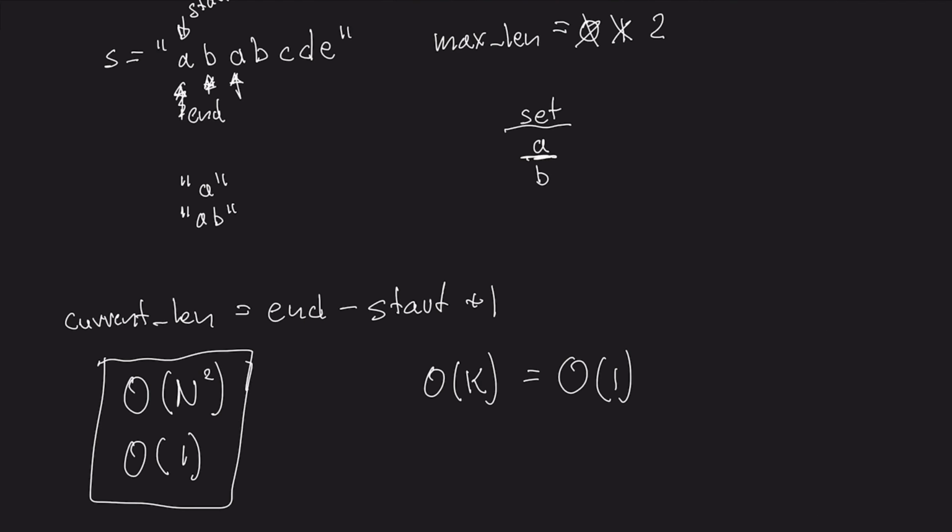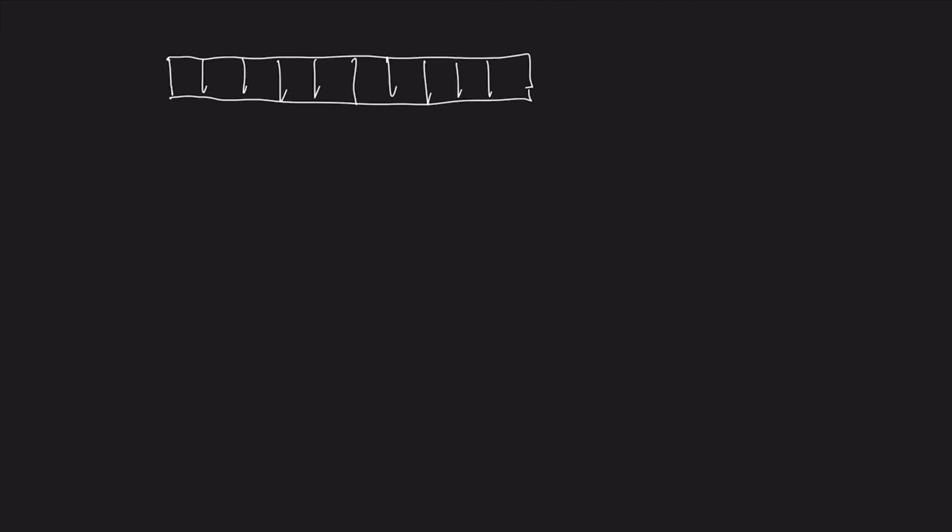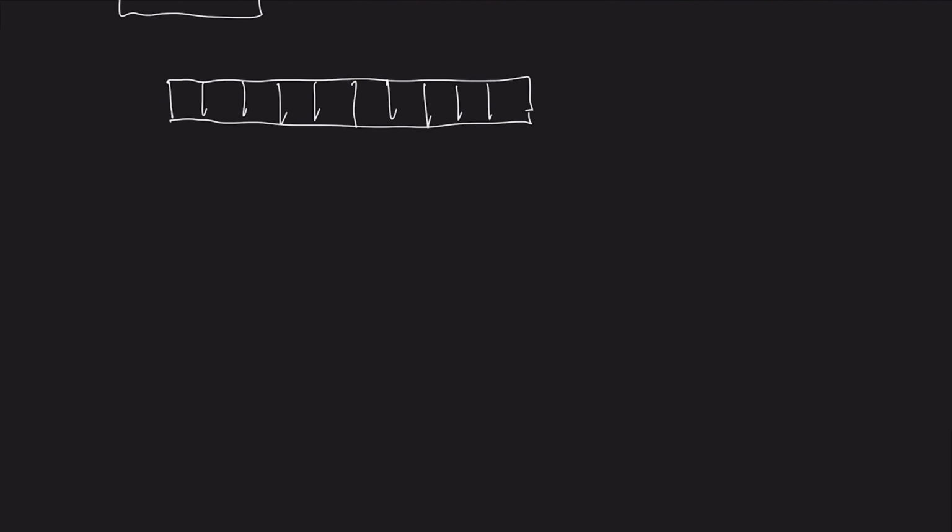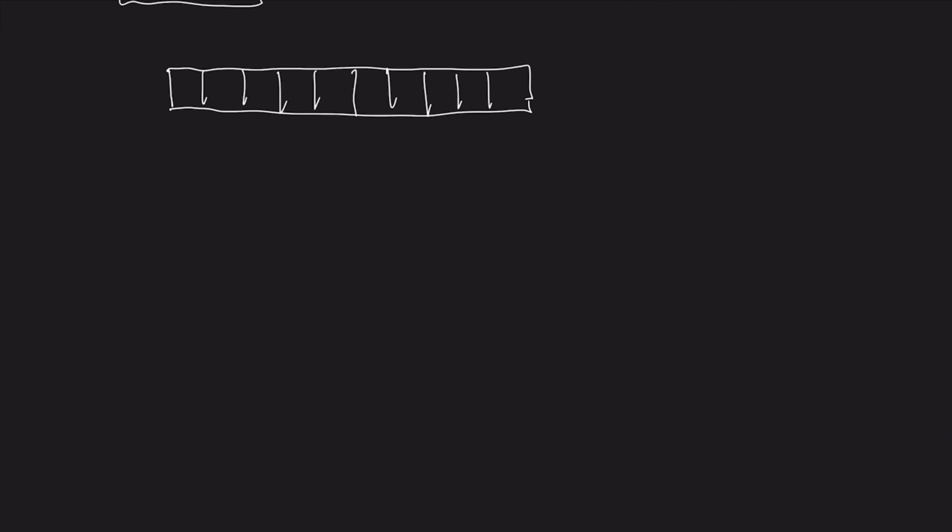There is a solution which gives us linear time for this problem, and the solution uses a technique called a sliding window. Before we talk about this specific problem, let me give you a quick introduction to the sliding window technique. This technique is useful when we have input data that is like a vector, an array, or a string, and we maintain two indexes, left and right.